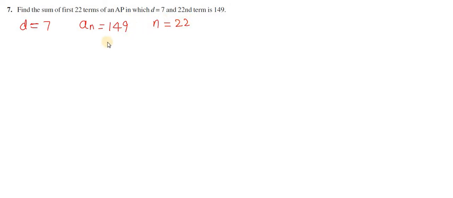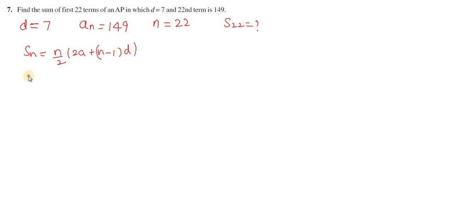Now what do we need to find? We need to find S22. How do we find that? We know the formula: Sn is equal to n by 2 into 2a plus n minus 1 into d.